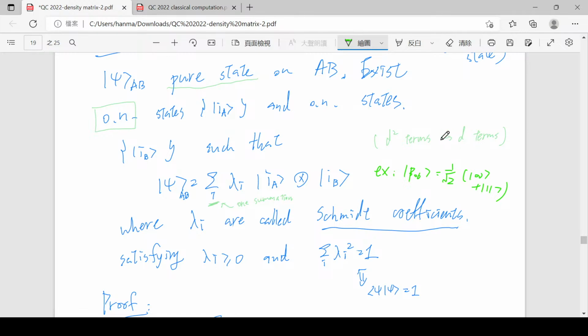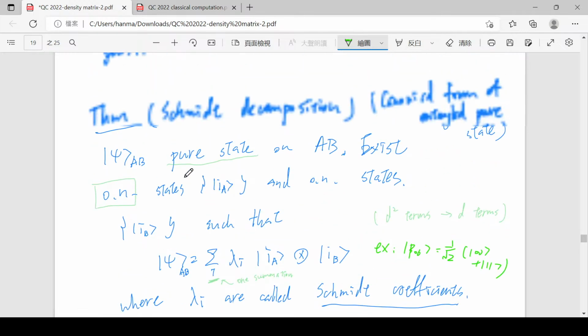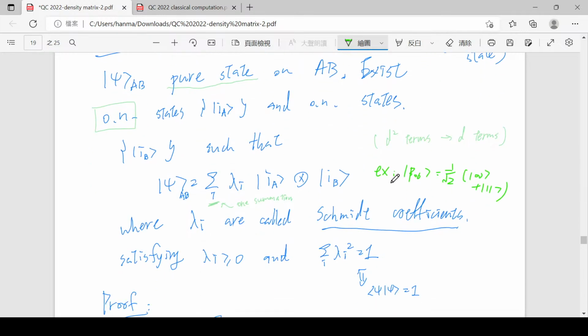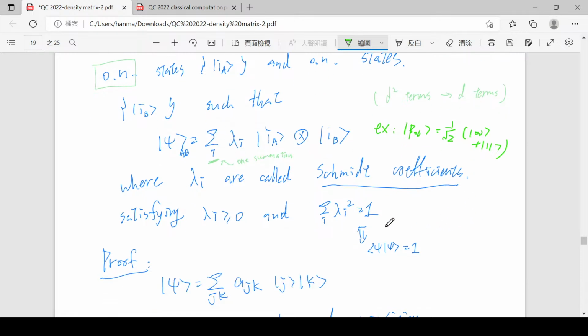So, when we do the Schmidt decomposition, we are trying to write states in this form. And those lambda i are called Schmidt coefficients. They satisfy that all lambda i are greater than or equal to 0, and the squares sum to 1. The square sum to 1 really comes from the normalization.